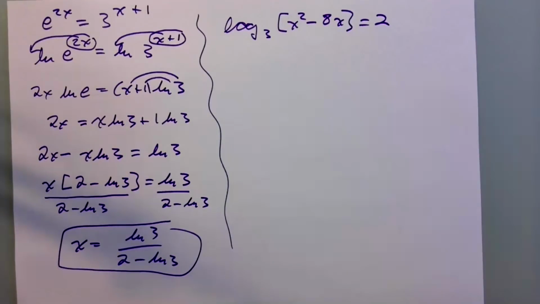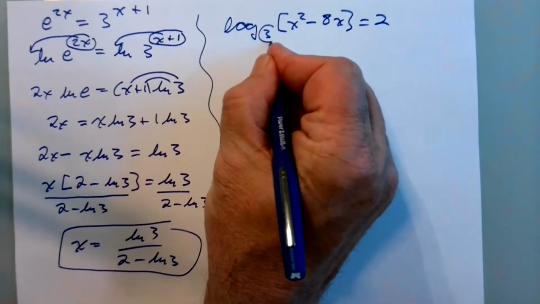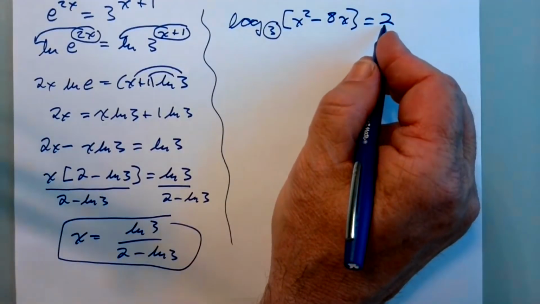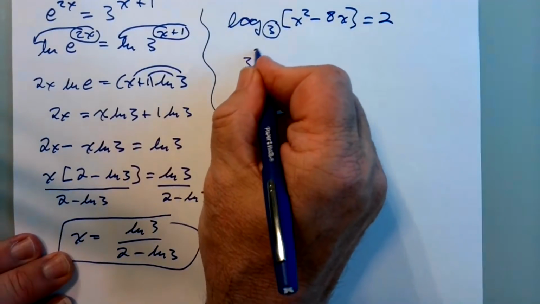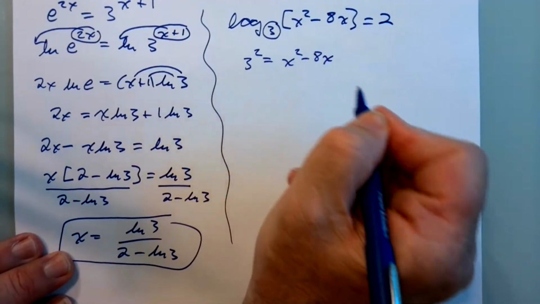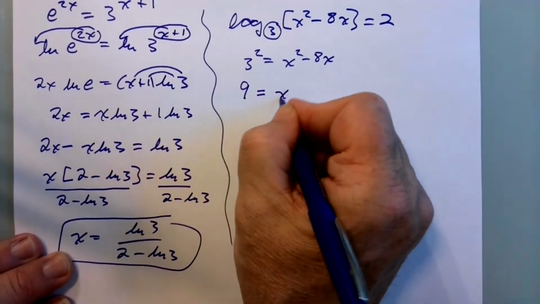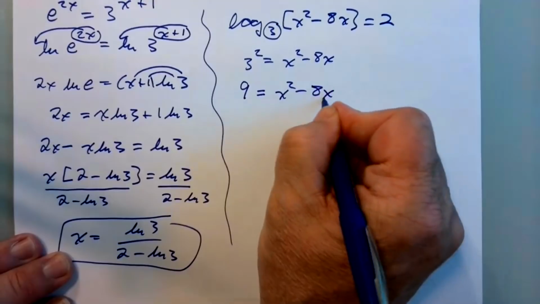You cannot take a log of 0. So whenever you do these, you have to go back and check your work to make sure that your answers are in the domain. The base of this is 3. 3 to the second power equals x squared minus 8x. 3 to the second power is 9, equals x squared minus 8x.